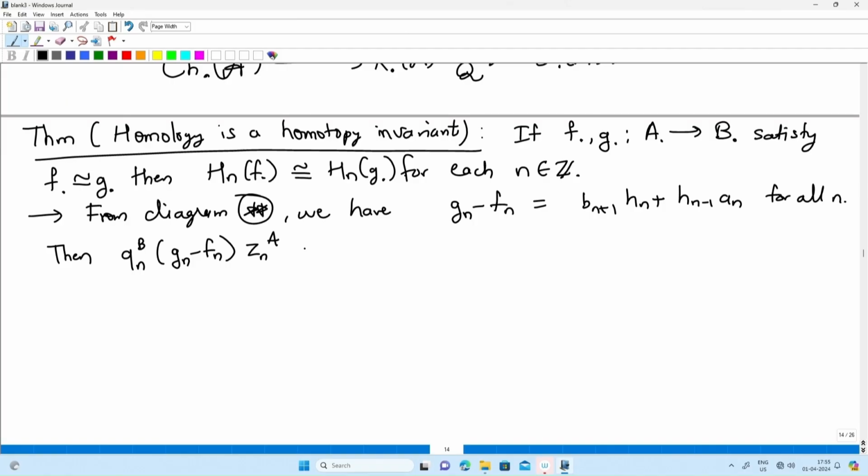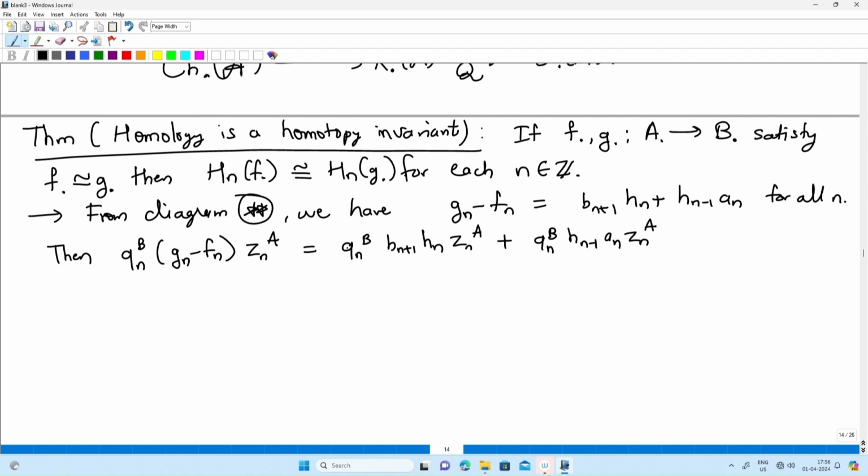So Qnb, what will this be? This will be Qnb Bn plus 1 Hn Zna plus Qnb Hn minus 1 An Zna.